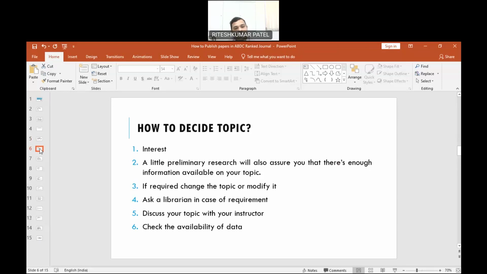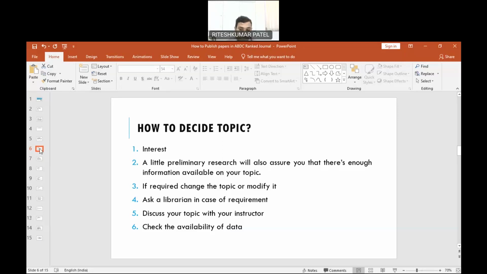Second, a little preliminary research will also assure you that there is enough information available on the topic. There are topics where papers are written, but very limited information is there. In that case, it becomes very difficult for you to write a paper on the topic.